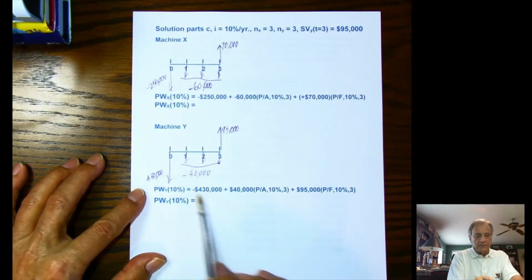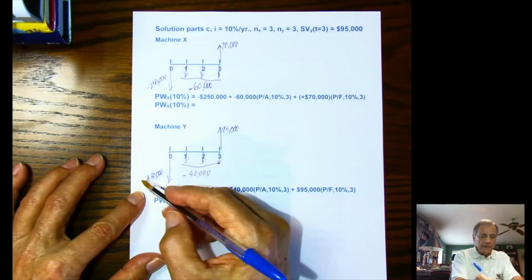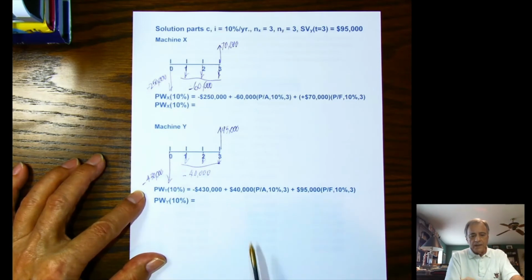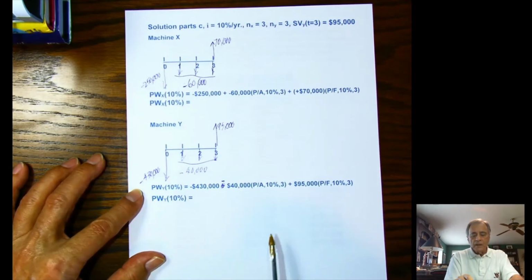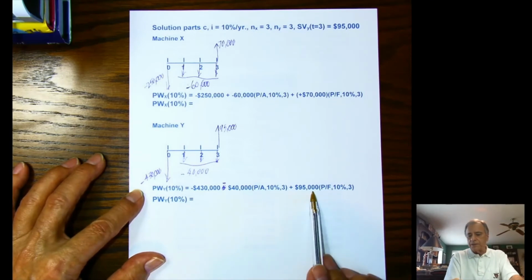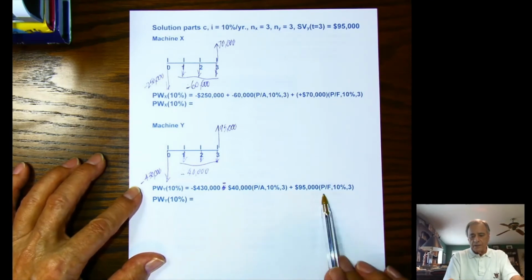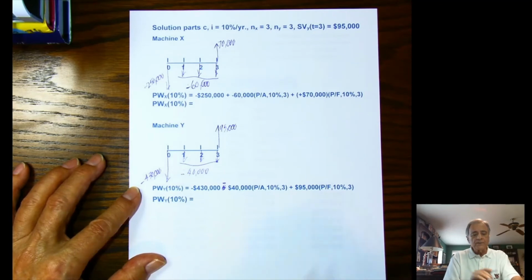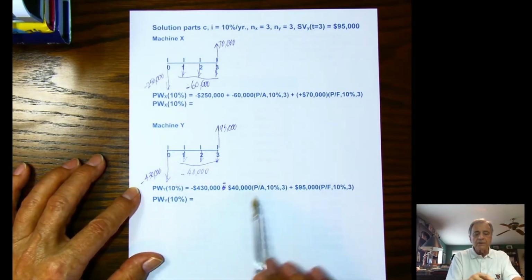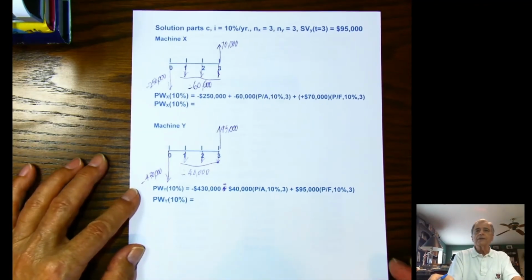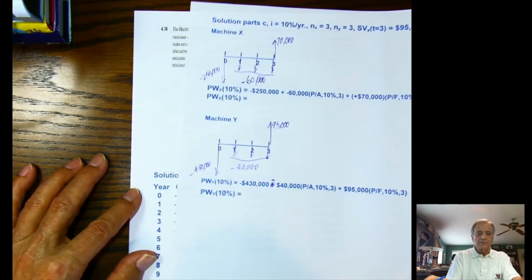Well, you got the minus 430, and then you have the minus 40 again. And then you have the plus 95, P given F, 10% for 3 periods. This is a 3-period A series, plug and chug, and you should be able to get an answer for that.